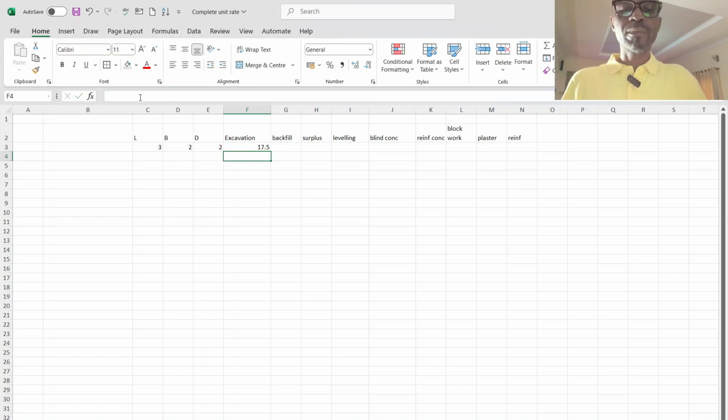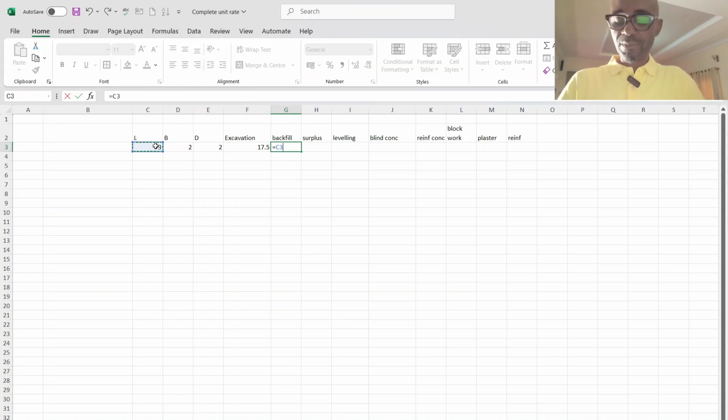Backfill is this, 2 times this, times this plus, multiply by 0.5, which is the working space, times the depth.